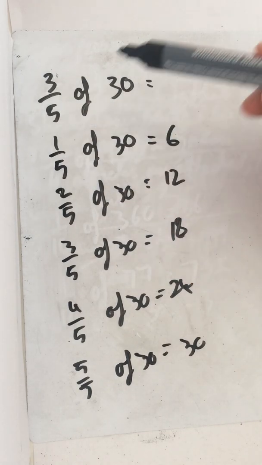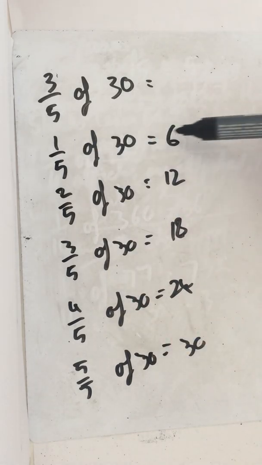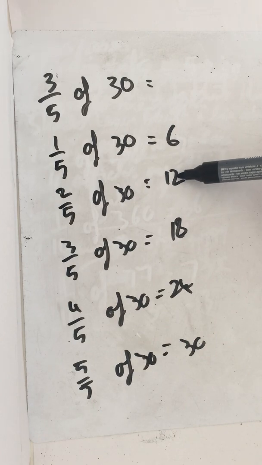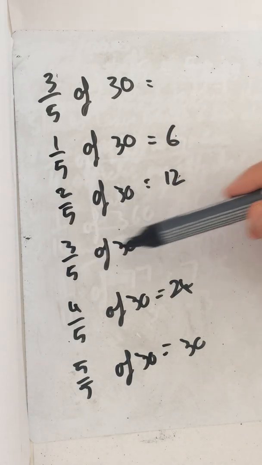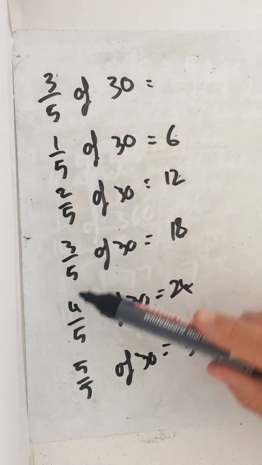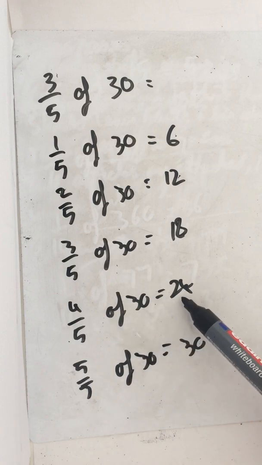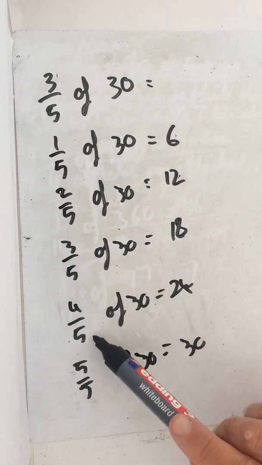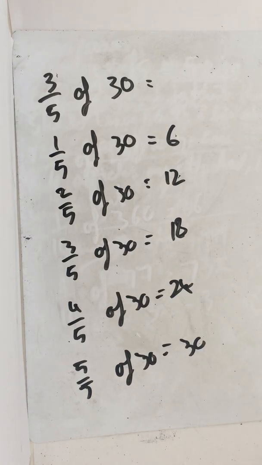numerator. And if you prefer, you can do it this way as well, because 1/5 would be 6, 2/5 would be 6 times 2 is 12. 3/5 would be 18, 1/5 is 6 times 3 is 18. 4/5 is 24, 1/5 is 6 times 4 is 24, and so on.